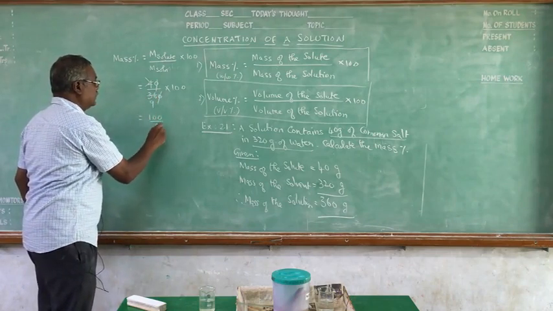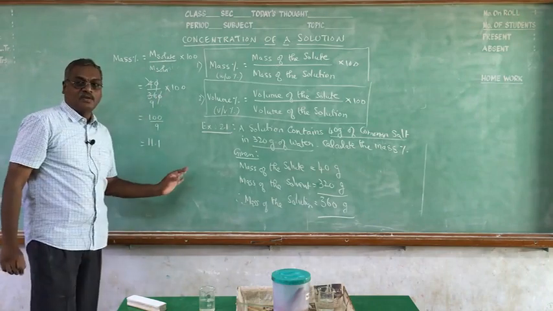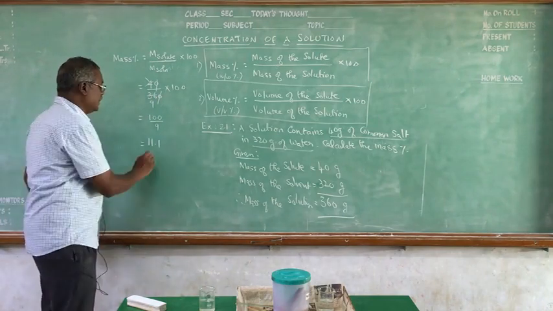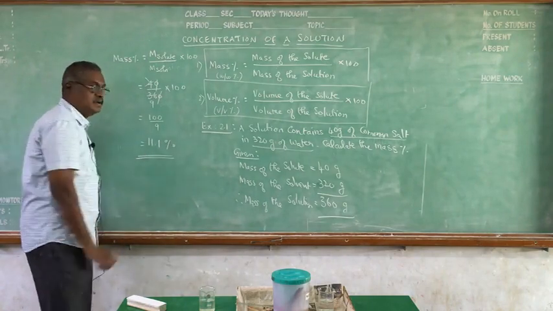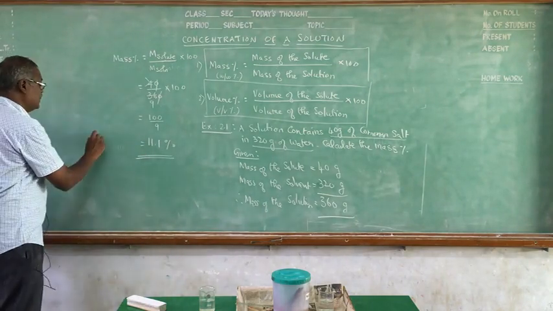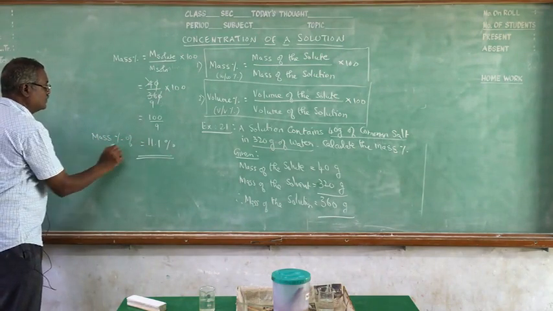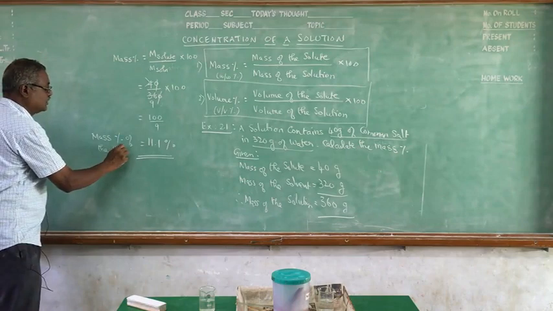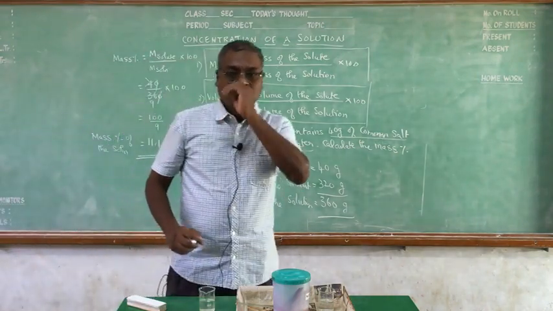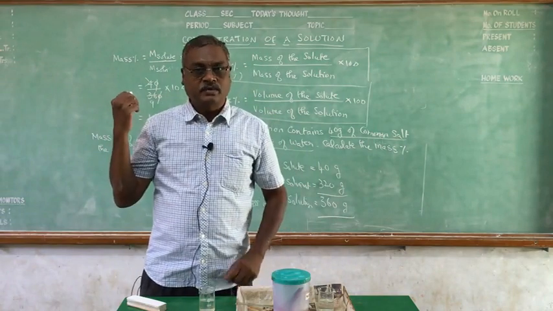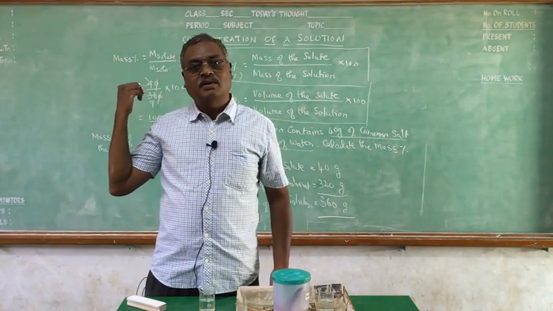So 100 by 9. If I divide 100 by 9, I get 11.111, it goes on, so I write 11.1 percentage. The answer you have to write in percentage. This percentage is known as mass percentage. So the mass percentage of the solution is 11.1 percentage.